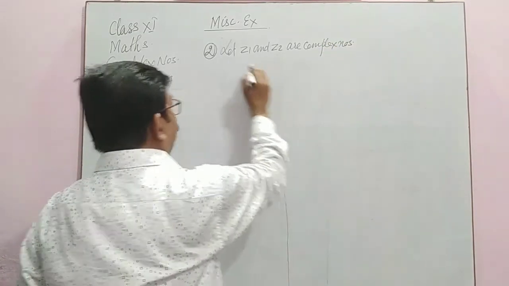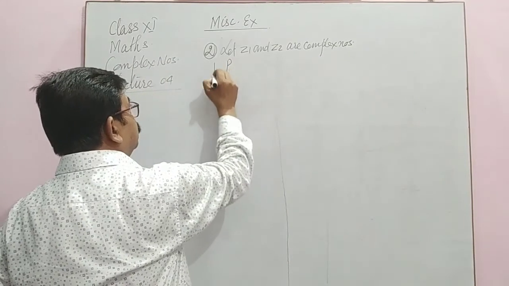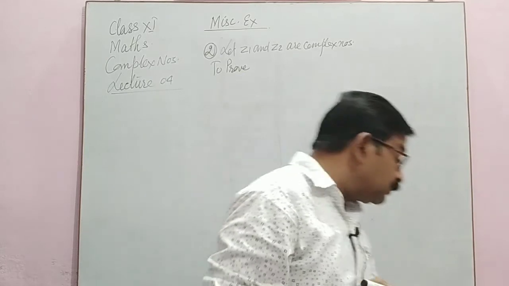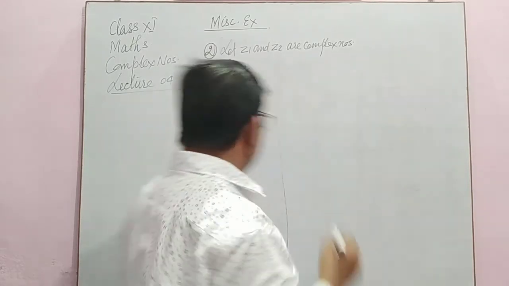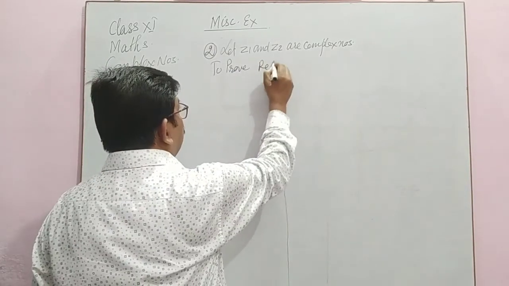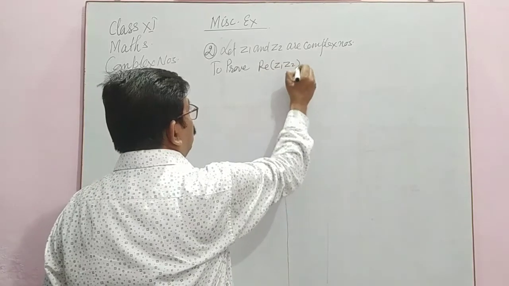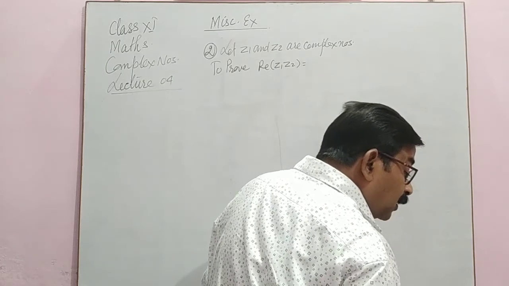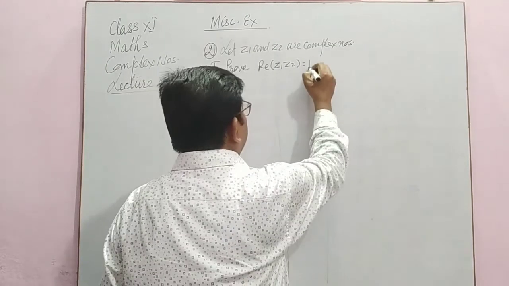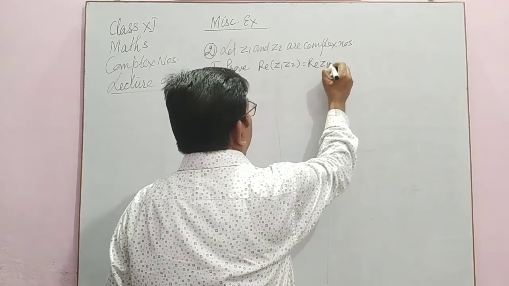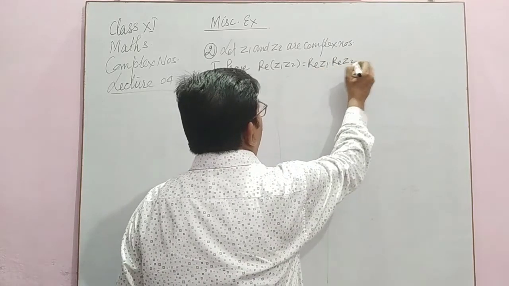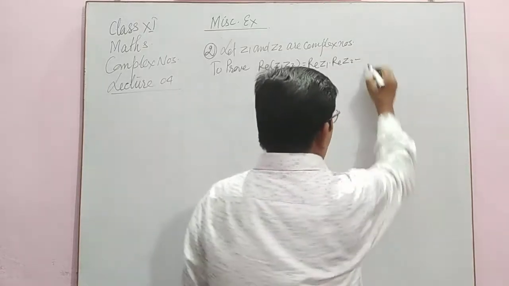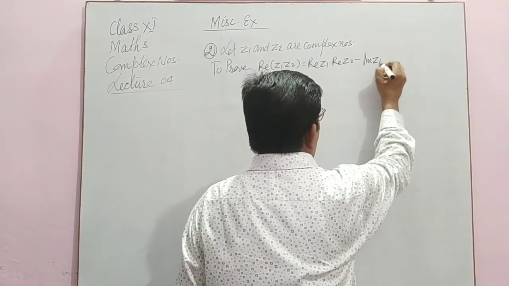To prove that real of z1 z2 is equal to real z1 into real z2 minus imaginary z1 into imaginary z2.